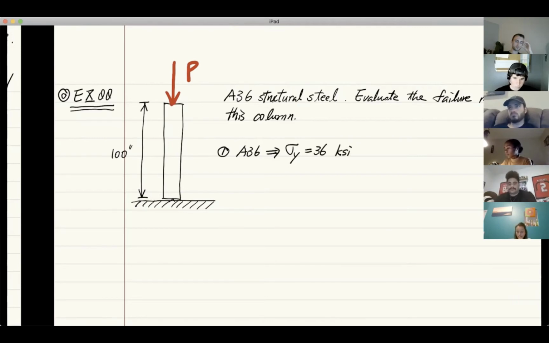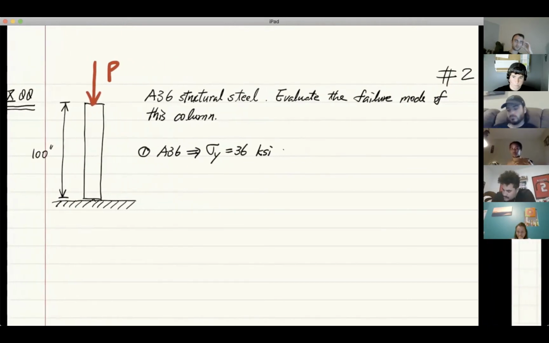And what's KSI? Of course, you should know what KSI is, right? If you don't know, KSI means kilopounds per square inch, so that's kips per inch squared. That's KSI. What's PSI? That's pounds per inch squared.